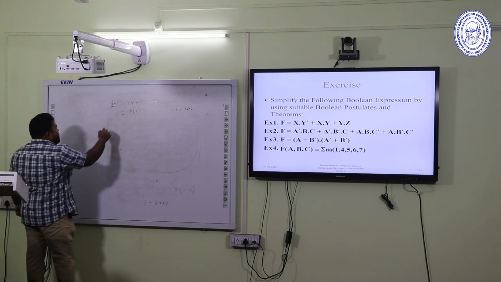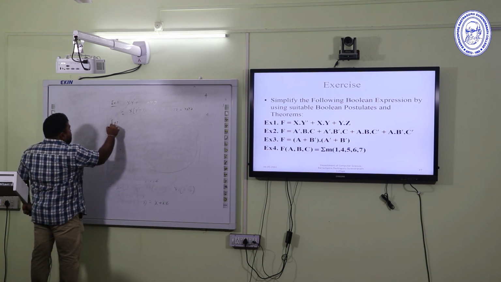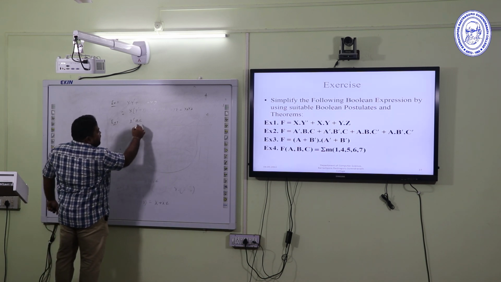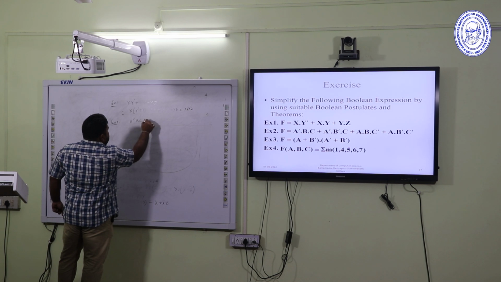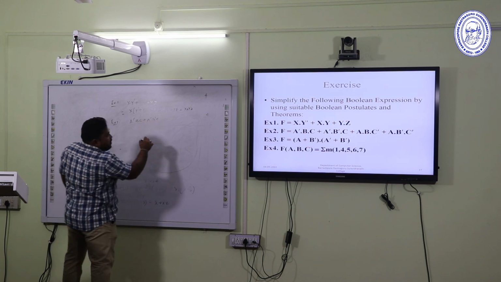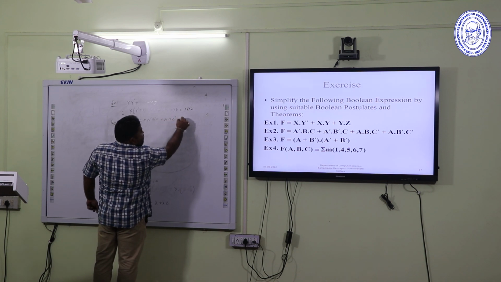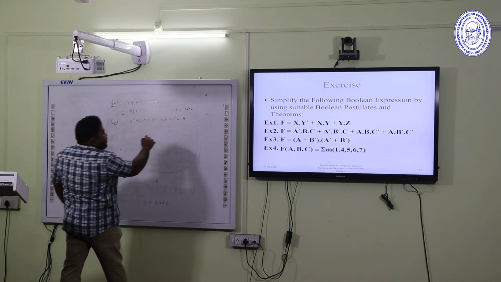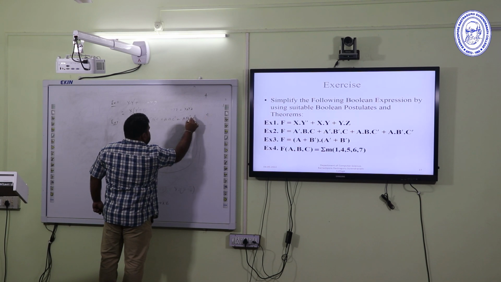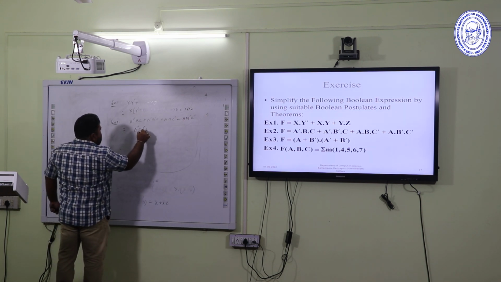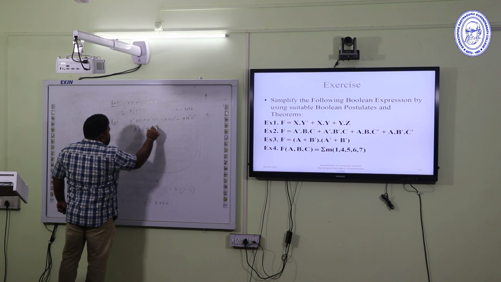If we take example 2 like that, a prime bc plus a prime b prime c plus a b c prime plus a b prime c. Right. So if we take a prime c, that is b plus b prime.